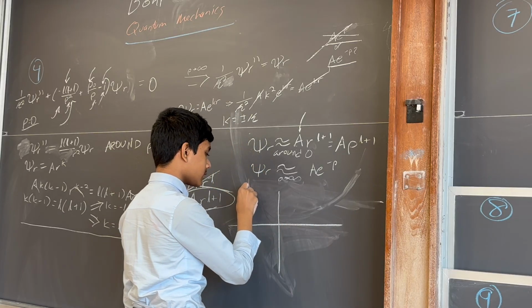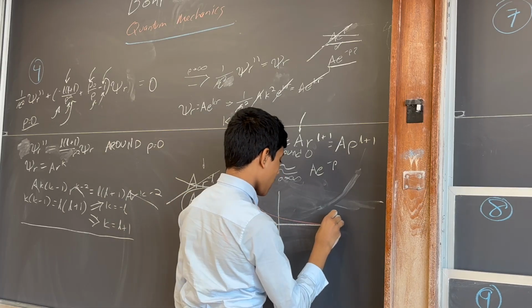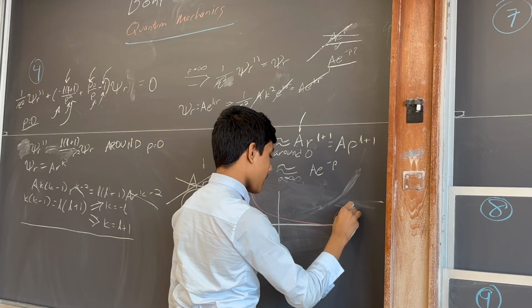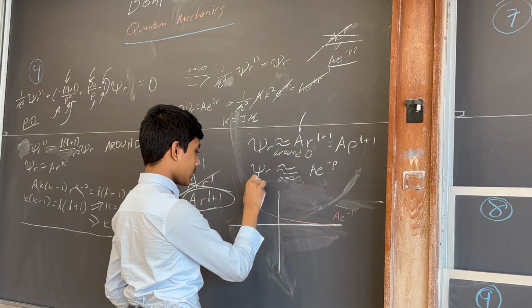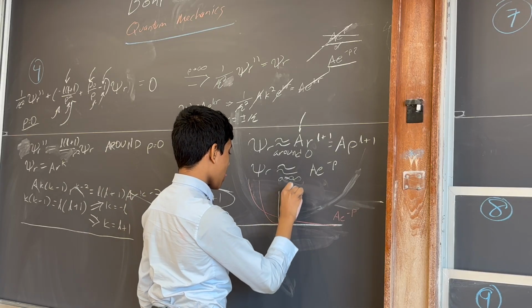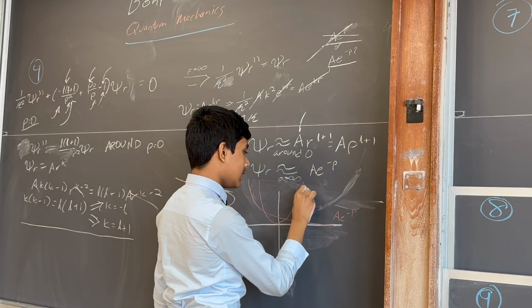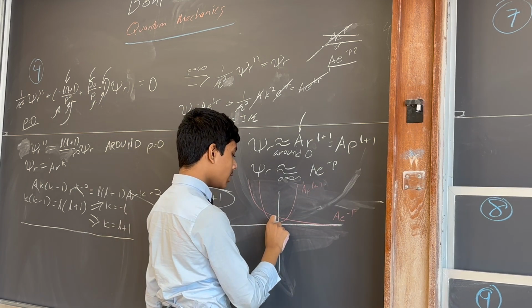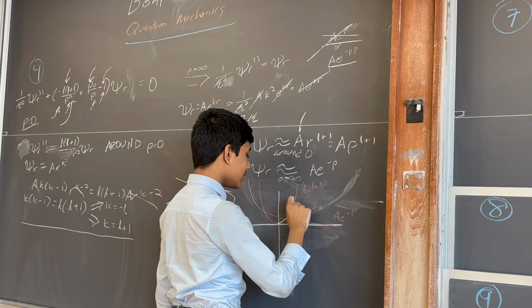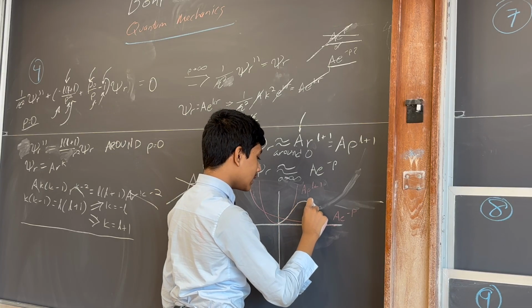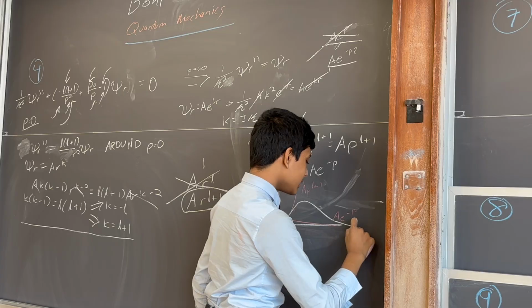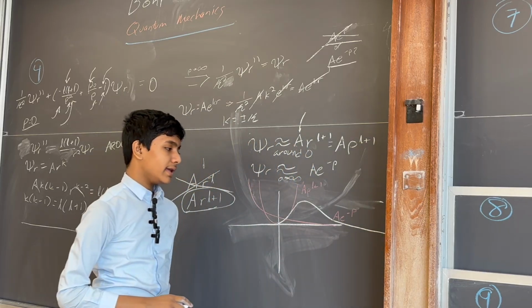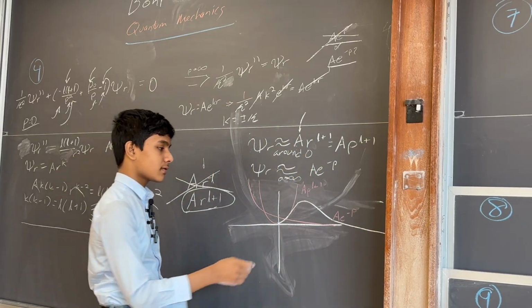And this is trickier to draw. And that's not important. The only important thing is that around 0, psi acts like this, and then as you approach infinity, it starts acting like A e to the minus rho.